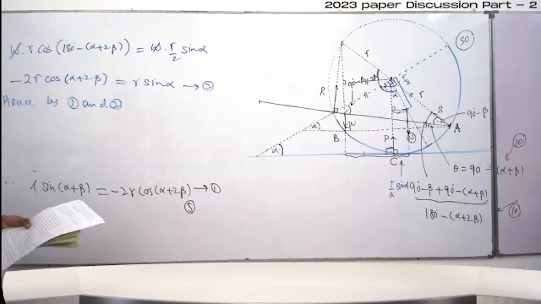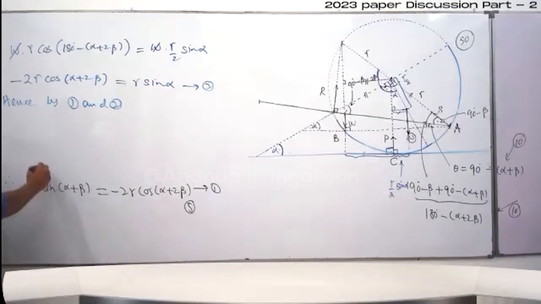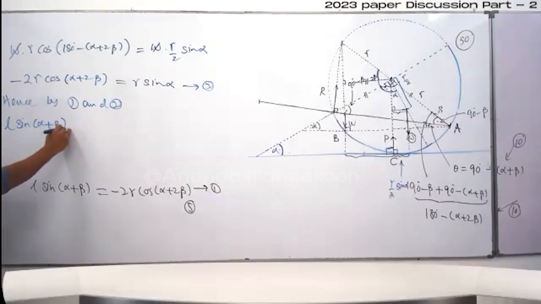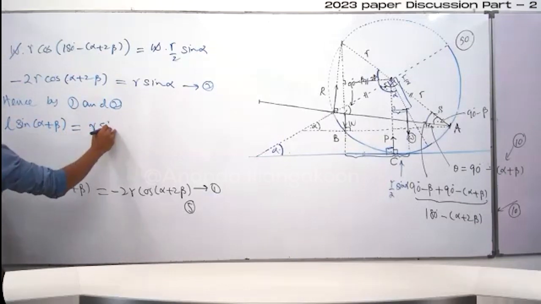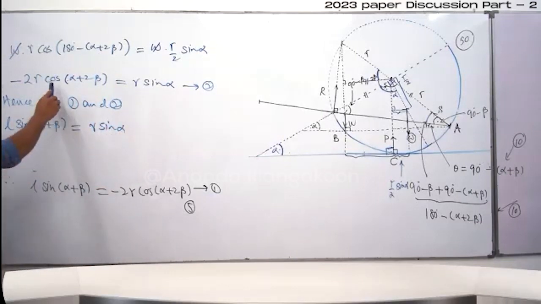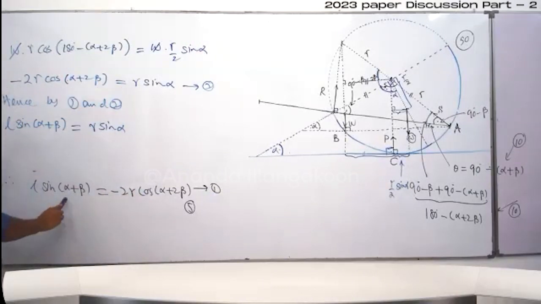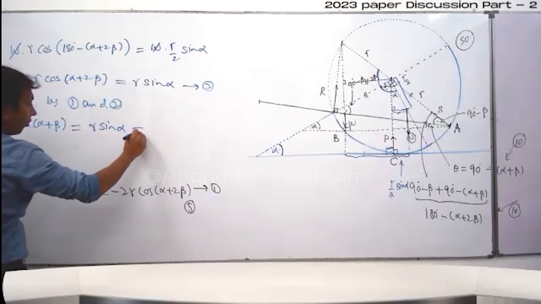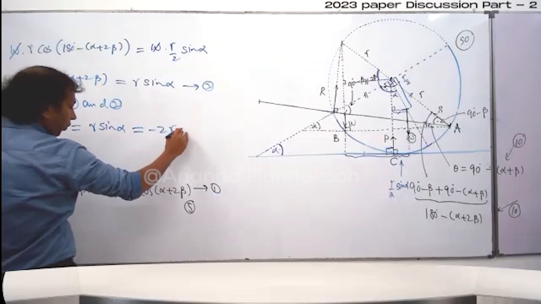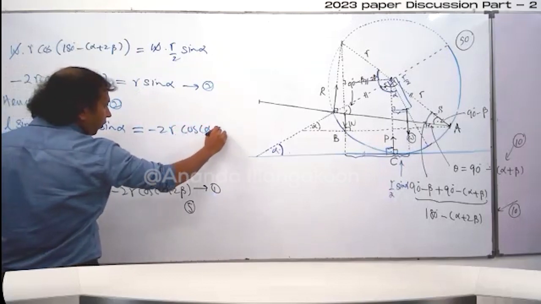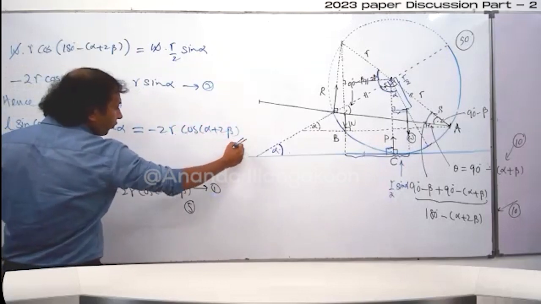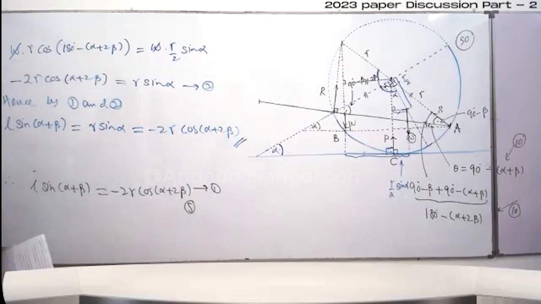Right? What is the answer? L sin (alpha plus beta) is equal to R sin alpha. Correct now, people? This equals this, right? Same thing equals this. That is why we say L sin (alpha plus beta) is equal to R sin alpha. Both are now equal to minus 2R cos (alpha plus 2 beta). We can write that first answer, right?